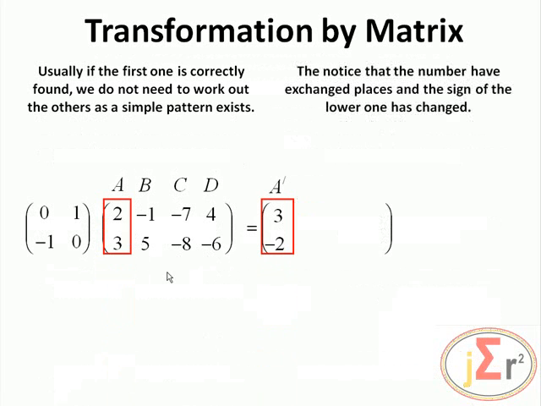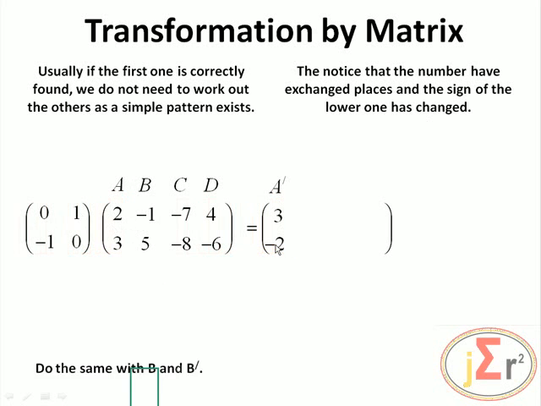Notice here that the numbers have exchanged places and the sign of the lower one has changed. So these numbers have exchanged positions right here, and we have changed the sign of the one that goes to the bottom. And we're going to do the same thing for B.